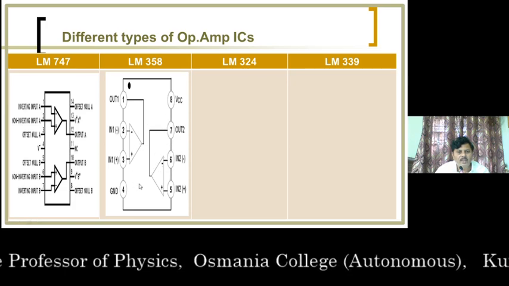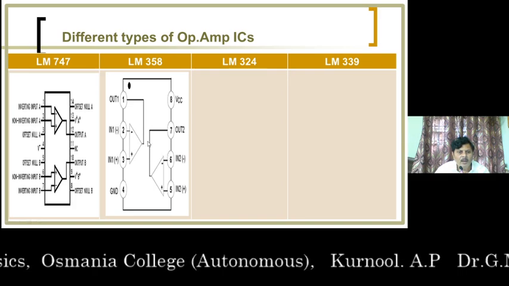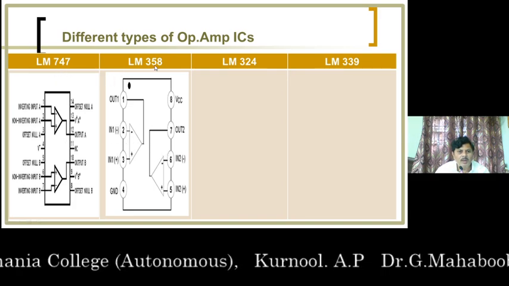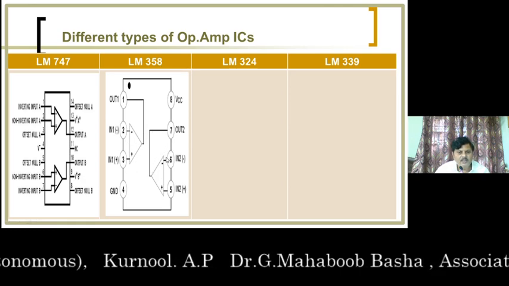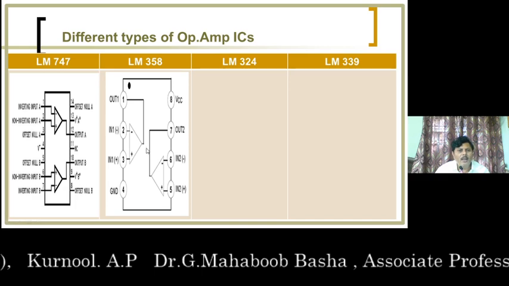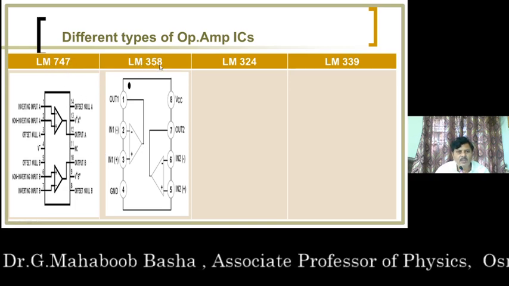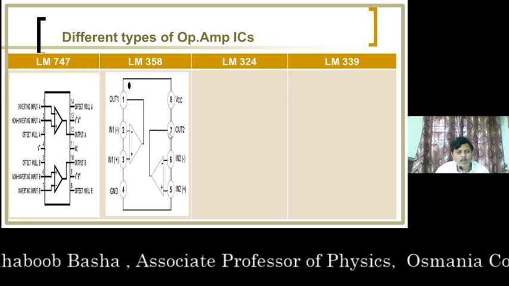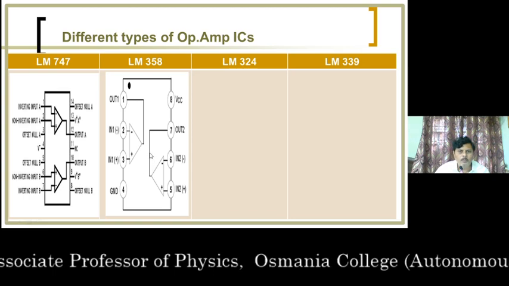A normal power supply is enough to bias these two op amps. The difference between LM747 and LM358 is that here we don't find offset pins, so where we need more accurate results, you can use 747. Otherwise LM358 is easy to remember and easy to operate. It also needs no dual power supply.